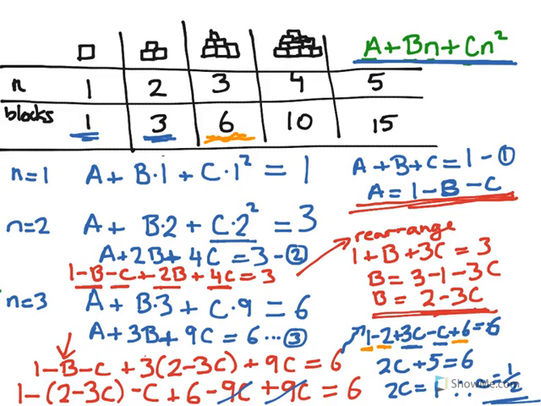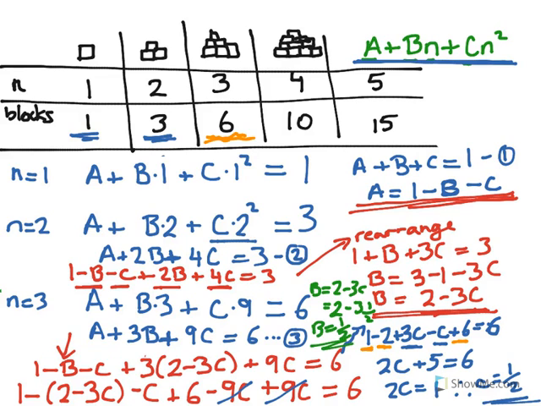We know that b has to equal 2 minus 3c. But we know that c is 1/2, so b is going to be 2 minus 3 times 1/2. 3 times 1/2 is 1.5, which is going to give us that b also equals 1/2.